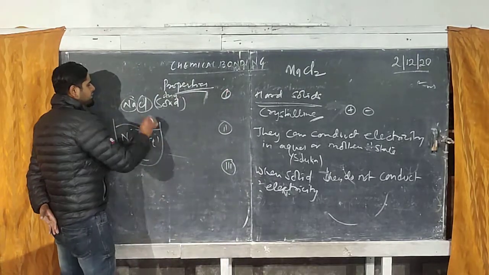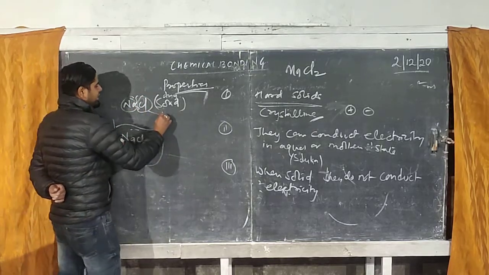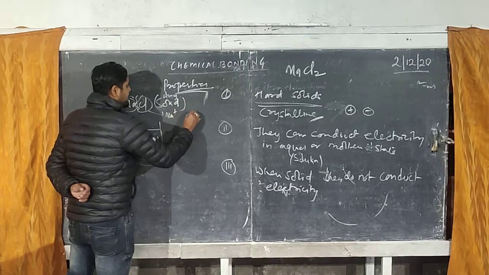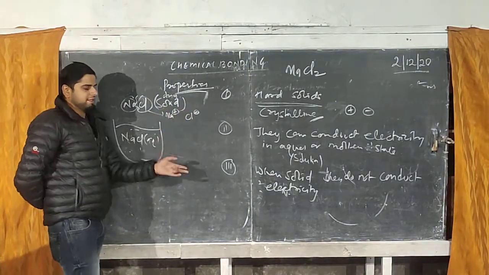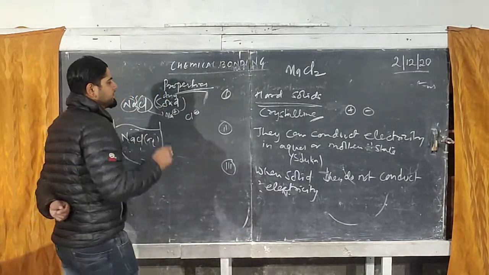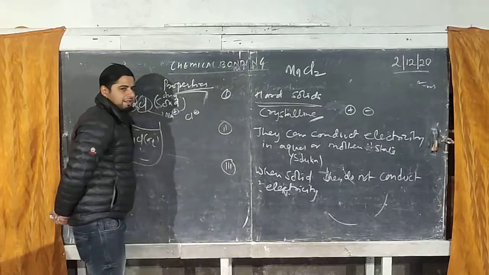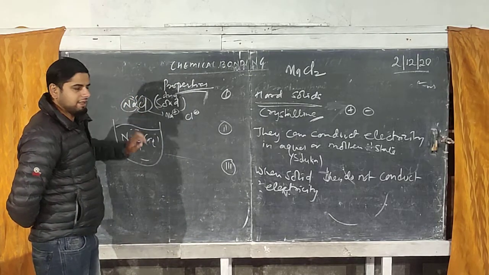It is difficult to break this bond, to separate Na plus and Cl minus ions. In solid state, these ions are not separated because of strong lattice energy, strong bond, strong attraction between Na and Cl.